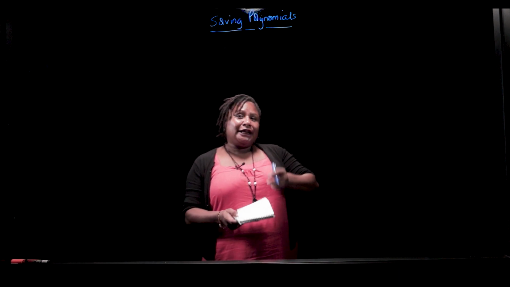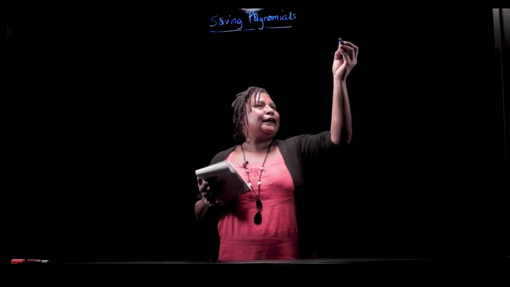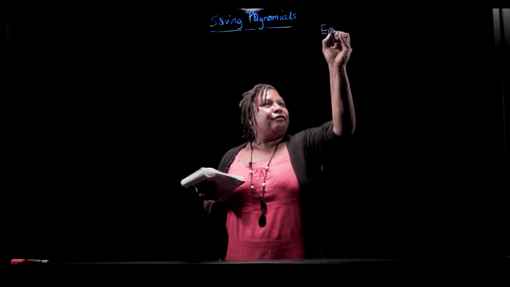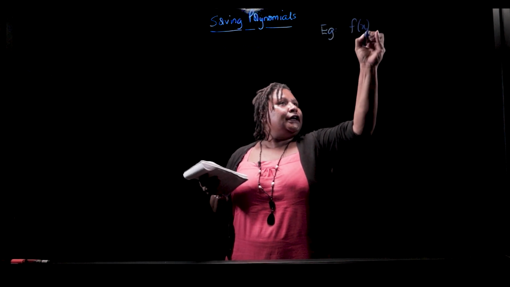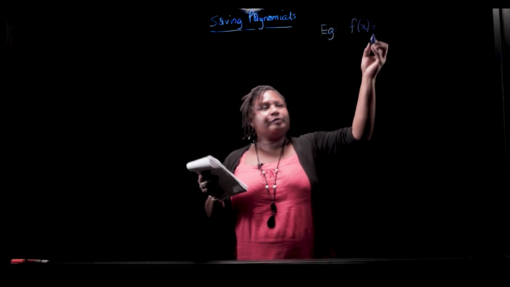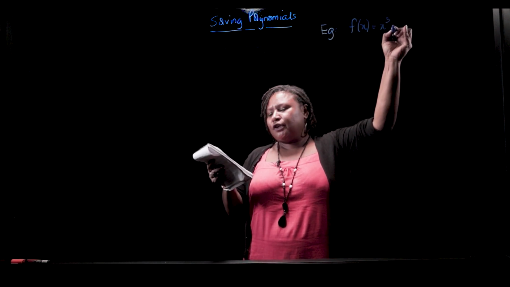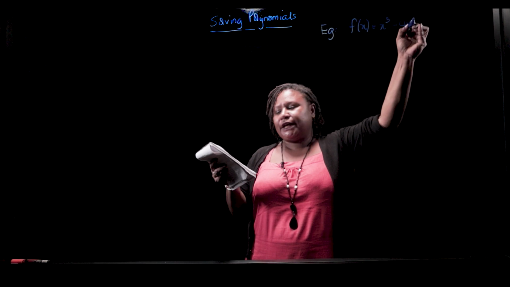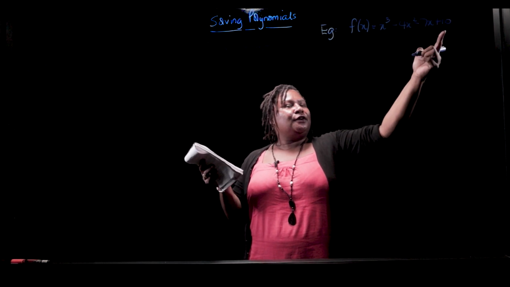Let's have a look at the example we used in our last lesson, where we had the function f of x equal to x cubed minus 4x squared minus 7x plus 10, a cubic polynomial, okay?